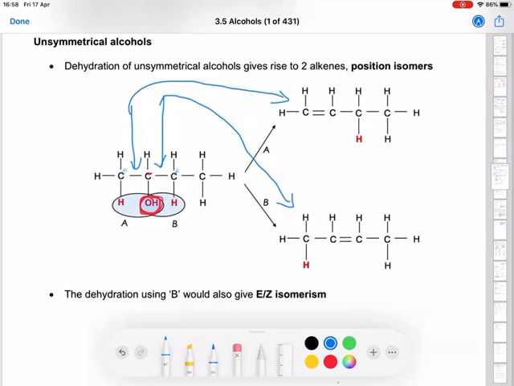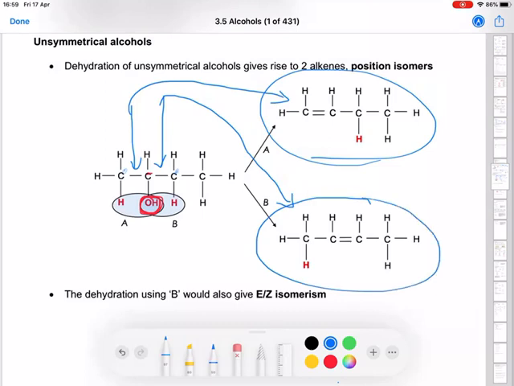The thing to watch out for here is once you've made your two alkenes, so we've got this one being made and we've got this one being made, this second one, this one here that I'm just putting a star in, that one can also give you EZ isomerism, which basically means, and the exam board are really sneaky with this because they often ask you to draw the three structures when you dehydrate an unsymmetrical alcohol.